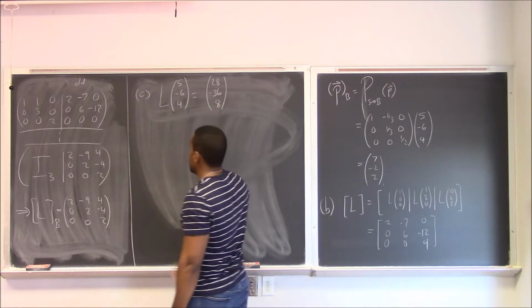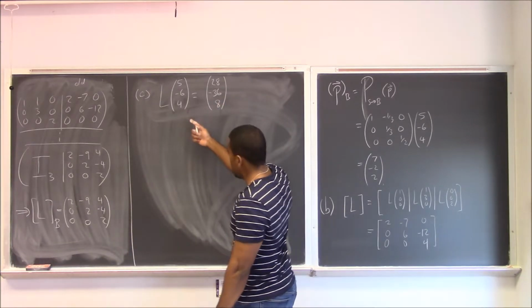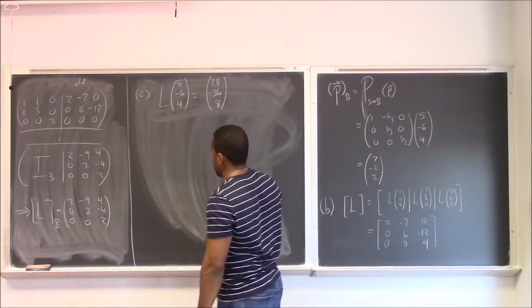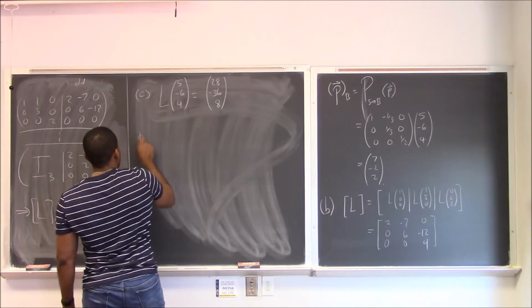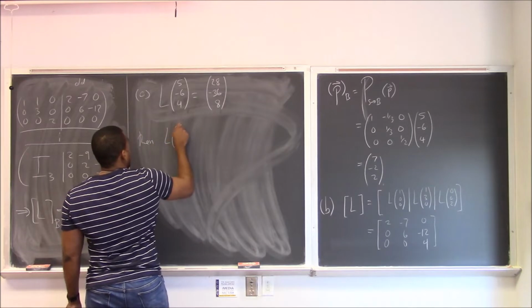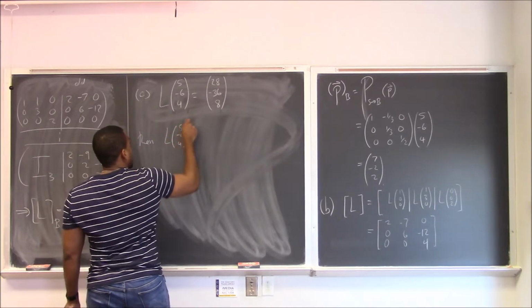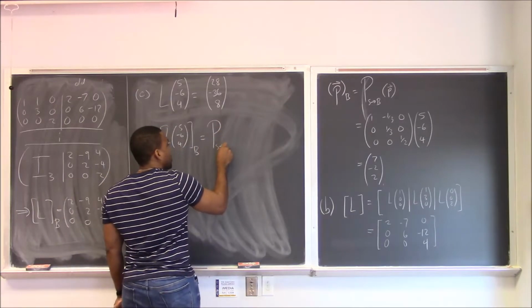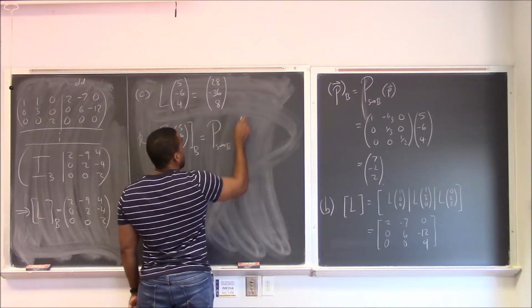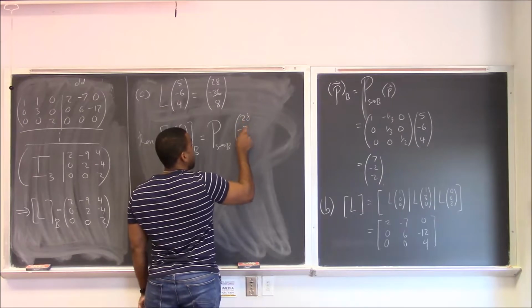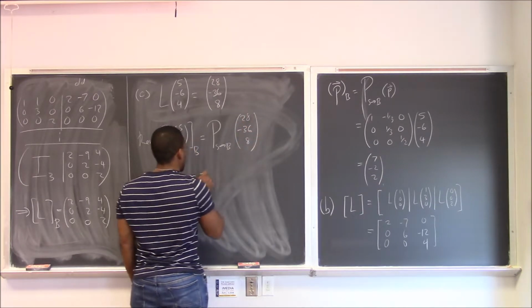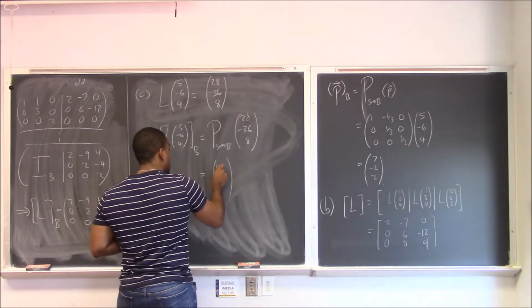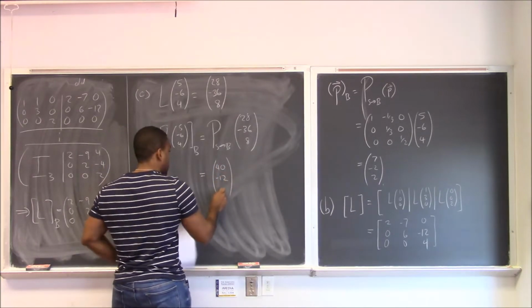So you just take the polynomial, take 2 times the polynomial minus 3 times its derivative. You'll get these are the coefficients for the polynomial. And then to find that guy in terms of B, again, just do the transition matrix that you found from part A and multiply by that. And that will give you the answer that we got to part C last time, which was 40, minus 12 and 4.